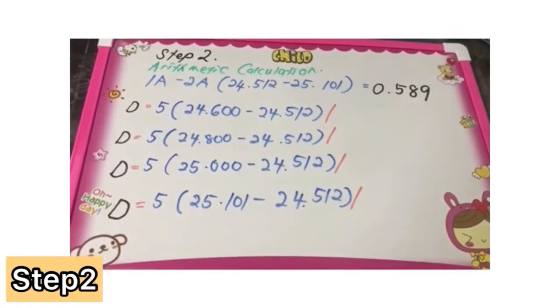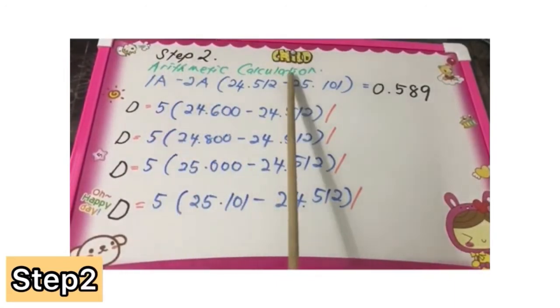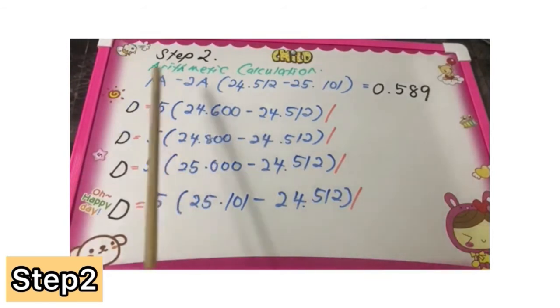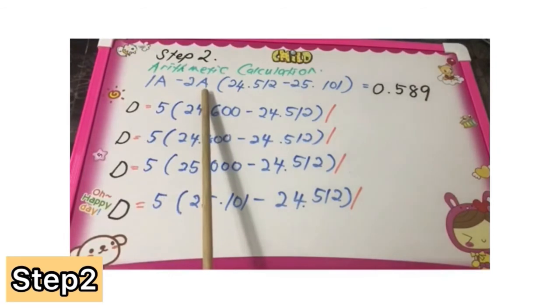Step 2 is arithmetic calculation. To do contour plan, we have to do arithmetic calculations. From this point, I will show how to do the calculations. For instance, I will show the calculations for line 1A to 2A.